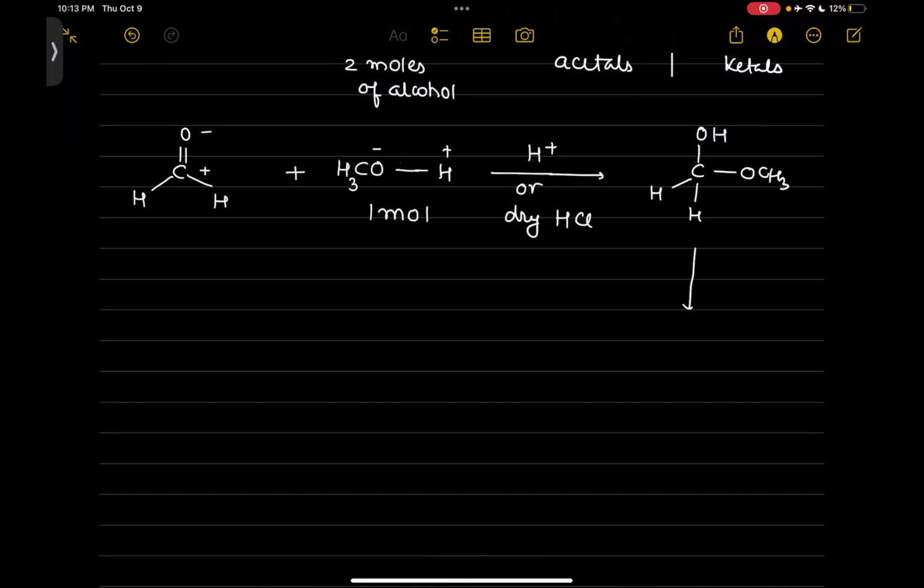If you react with one more mole of CH3OH, that means overall we have reacted with 2 moles now. Till now, 1 mole is already reacted, 1 mole more. Got it?